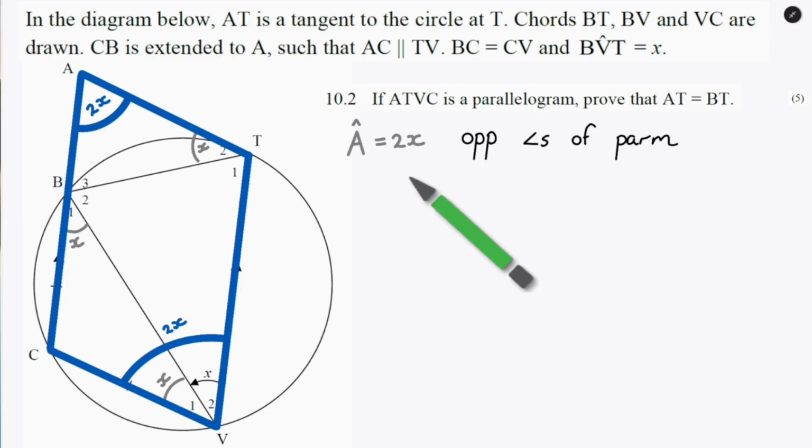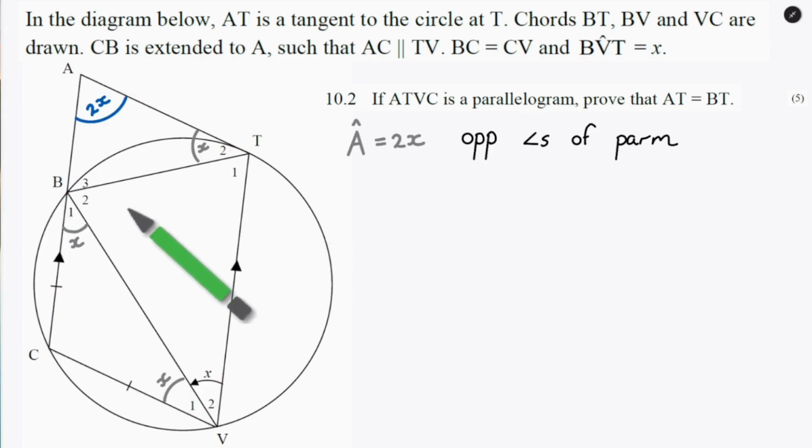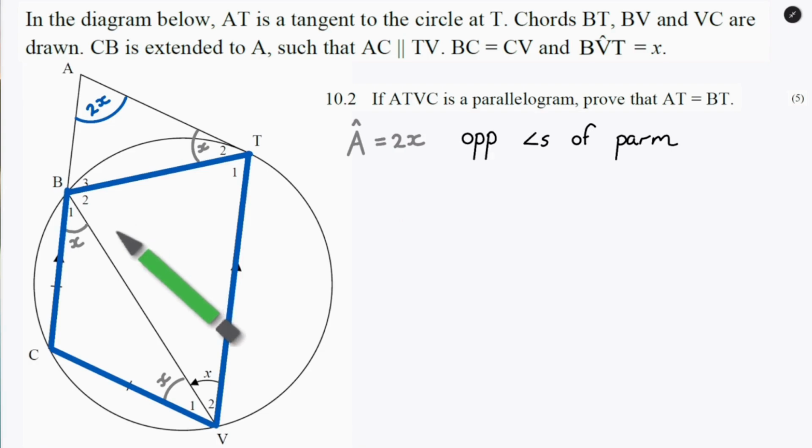Okay, now that A is sorted out, I'm going to focus my attention on B3. If we have a look at B3, I'm noticing something about it. It is sitting outside of a cyclic quad. If you check this line of the cyclic quad, if I just extend that line a little bit like that, B3 actually forms the exterior angle of that cyclic quad.